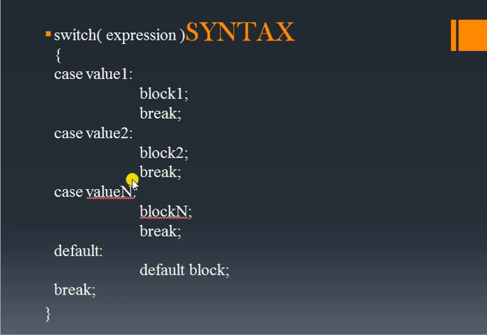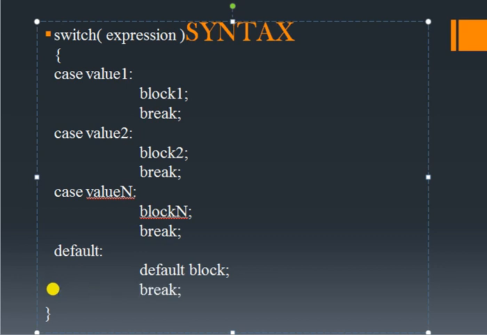Here you place the dots, then case value n, then block n. If the expression matches value n, then block n will be executed, then break. The last is the default block. If no values are equal to the expression, then the default block will be executed, then break.